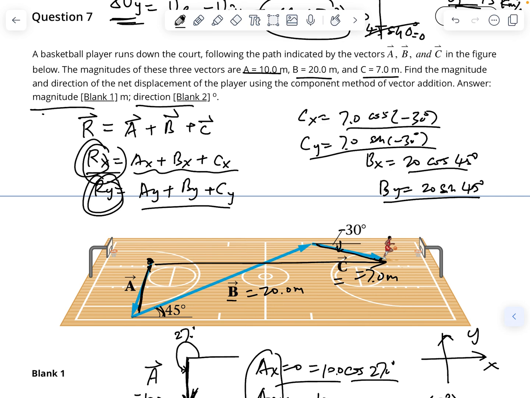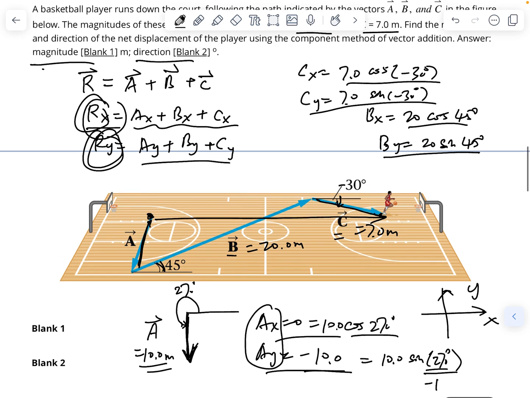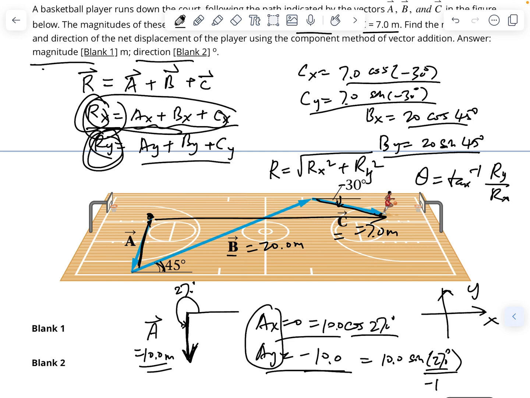This guy, right? Magnitude, you see, very simple. R equal to square root of Rx squared plus Ry squared, right? And theta equal to inverse tangent of Ry over Rx. Okay, so figure out Rx, Ry, and use those two equations. Make sure you put this in the right quadrant.